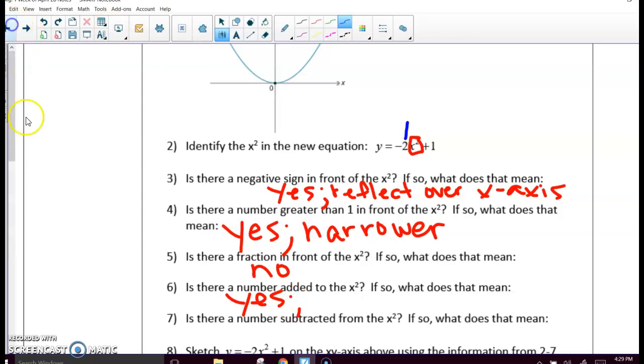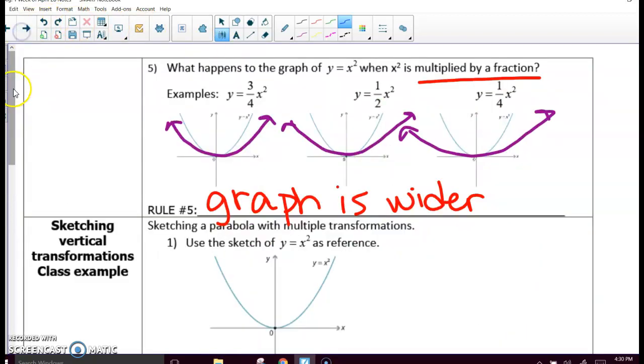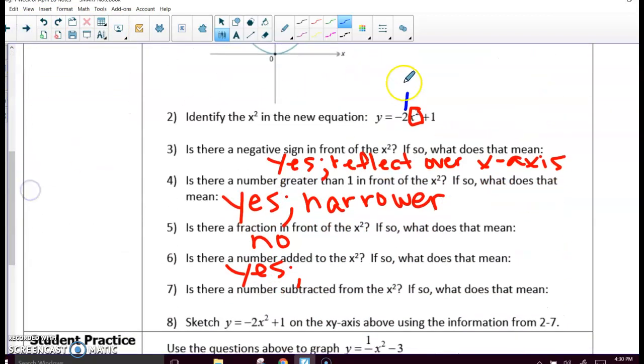If I'm adding, then that means my graph is going to be shifted up. Because I'm adding 1, we are going to shift up 1. Is there a number subtracted from the x squared? Our answer to that is no.